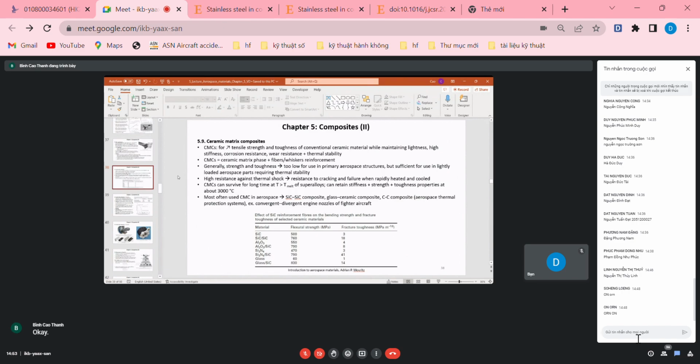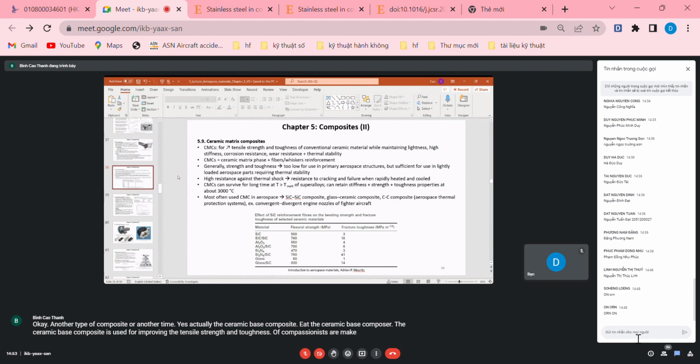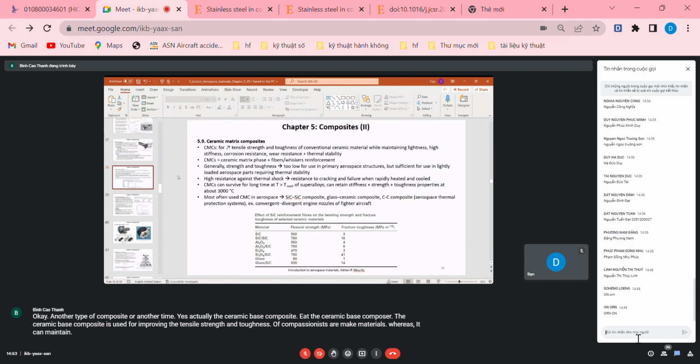Okay, another type of composite is the ceramic-based composite. The ceramic-based composite is used for improving the tensile strength and toughness of conventional ceramic materials, whereas it can maintain the lightness, high stiffness, corrosion resistance, wear resistance, and thermal stability.